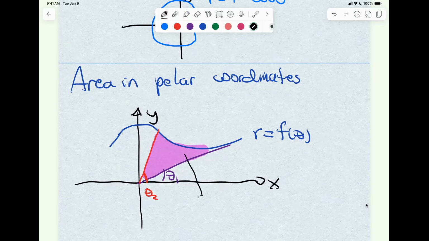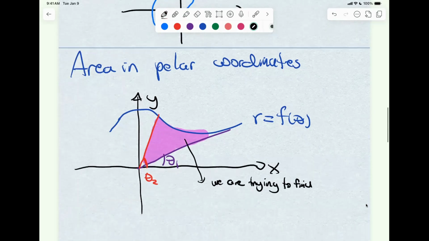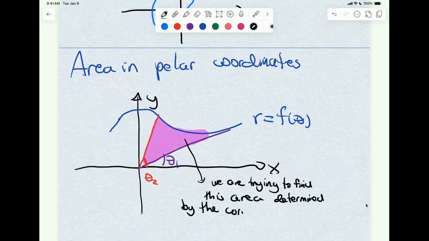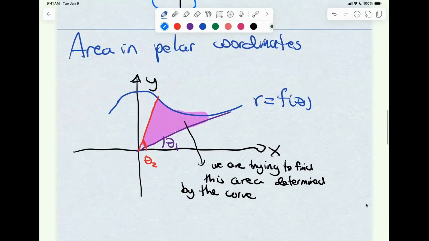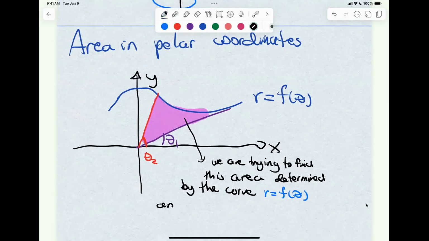So we're trying to find the area of this region, determined by the curve r equals f of theta and two rays at angles theta 1 and theta 2.